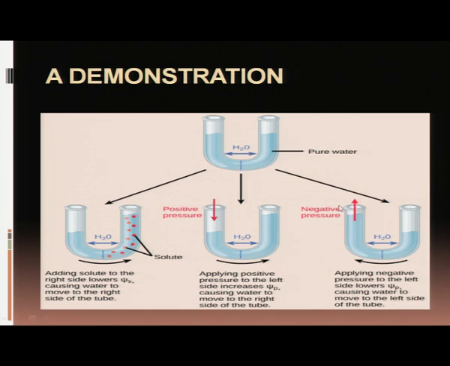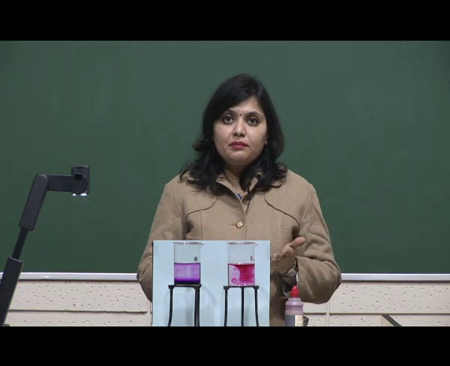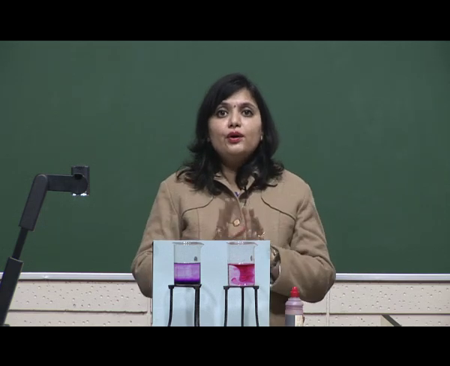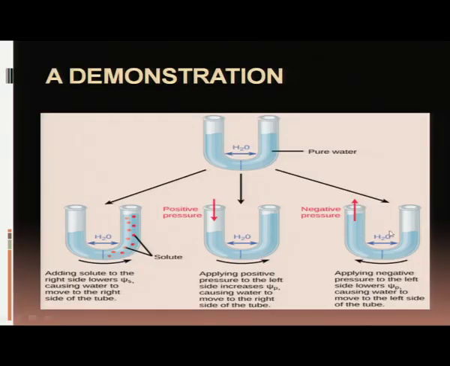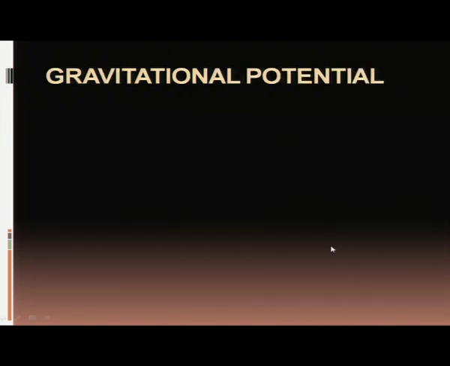So, if a negative pressure is applied, it will make the pressure potential negative. So, the overall total water potential of the system will be lowered. So, if negative pressure is applied on the left side, the right side will have more water potential, and now the water will move from right to left side. This is how it works.